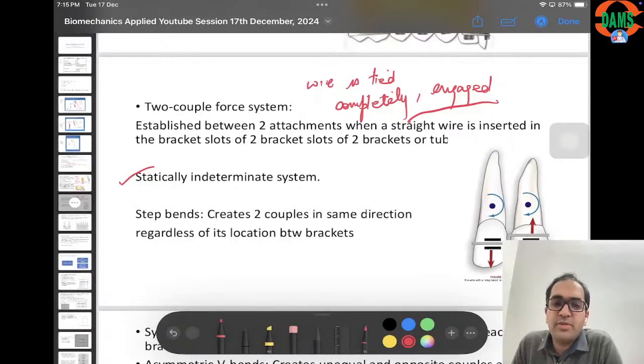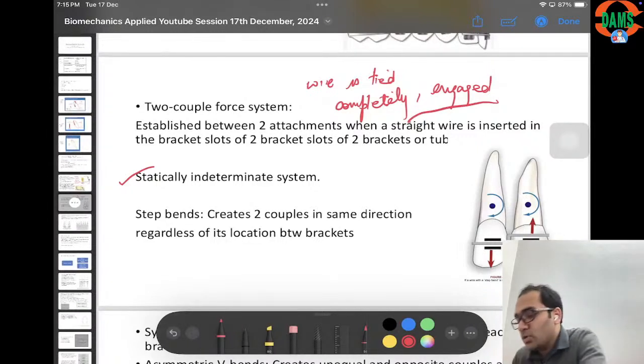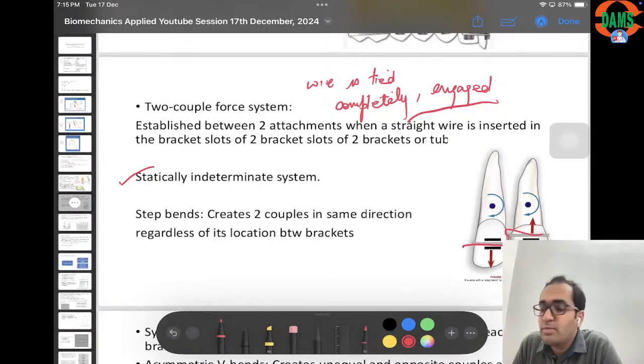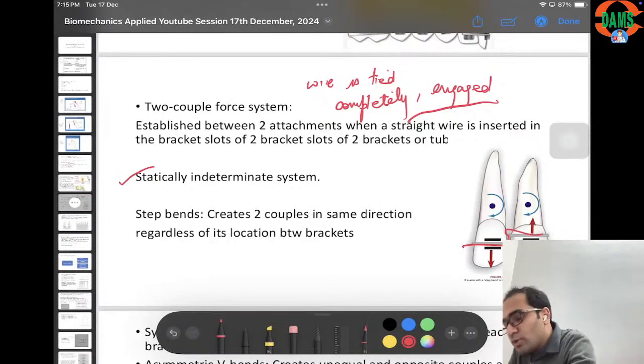Okay, so what is a step bend? The step bends are the ones which create two couples in the same direction regardless of its location between the brackets. Okay, so this is an image of a step bend wire which is placed between the bracket slot. So from your exam point of view, what you need to know is the movement which is generated and the movement which occurs.